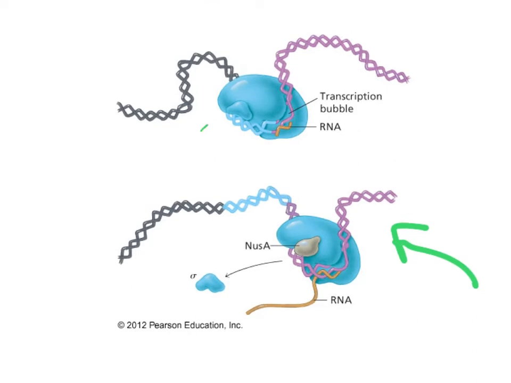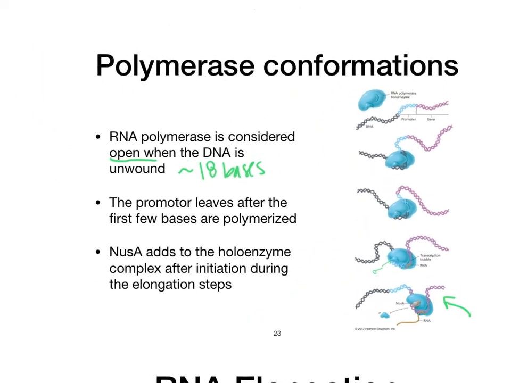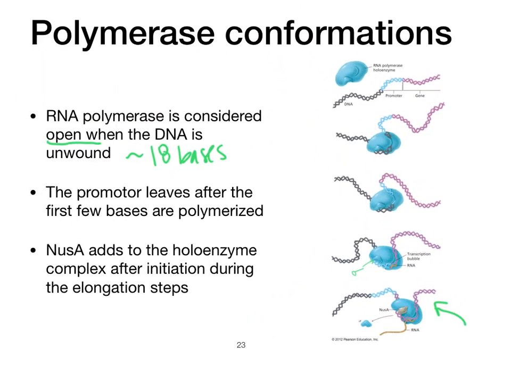This light blue is the sigma subunit. It will depart and the NUS-A will come in. In this image, we can see that they're in the exact same location, and that's not necessarily true. NUS-A adds to the holoenzyme complex after initiation during elongation. Sometime between 10 RNA bases and termination, we're going to add NUS-A.